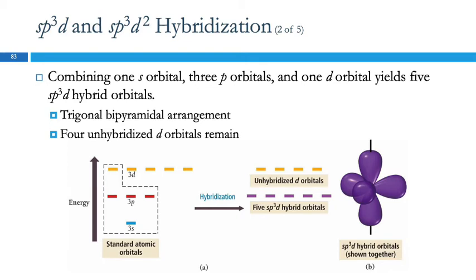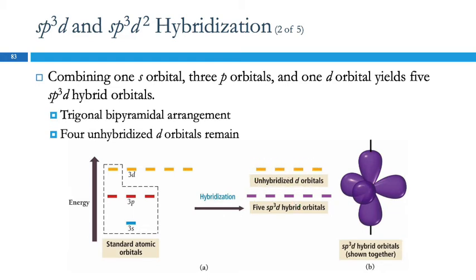I need 5 equivalent orbitals. So we're going to take 5 orbitals, an s and 3 p's and 1 d. And that's 5 orbitals. We're going to put them in the blender and pull them back out, and they're going to look like this, which looks an awful lot like trigonal bipyramid balloons, right? It's not a coincidence. So then we can have our electrons spreading out in here and forming up to 5 bonds.